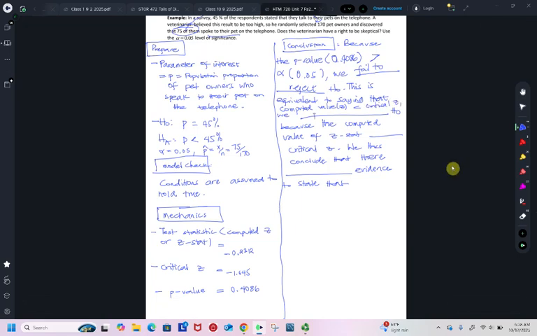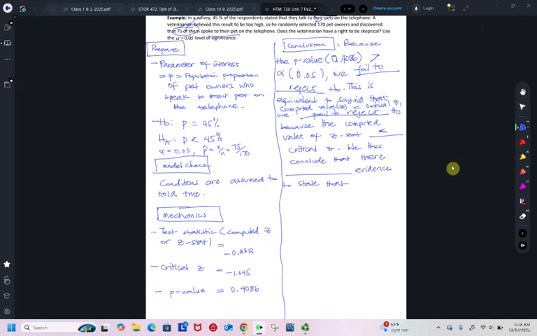So we fail to reject the null hypothesis. That's because the value of z-stat is lesser than the critical z. Yes.